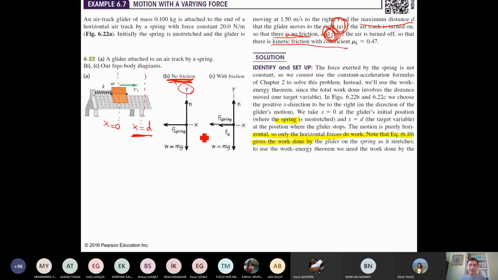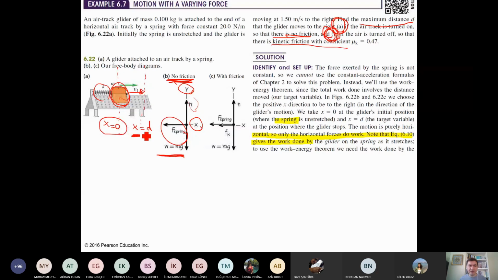Here we have the weight of the glider, here we have the normal force applied by the air track, and this is the F spring. What do you see here? This glider is attached to the spring and it is going in this direction, so the position changes from 0 to a certain distance.